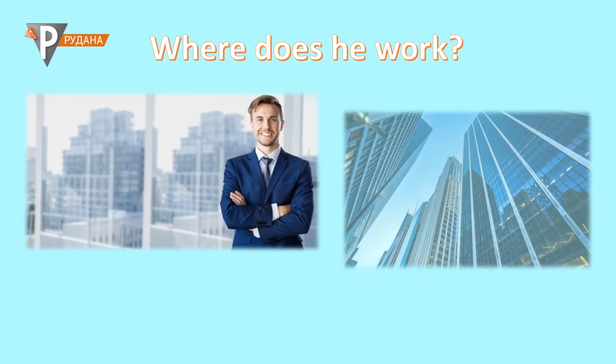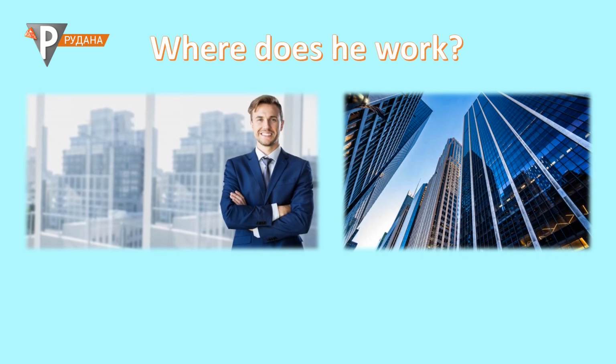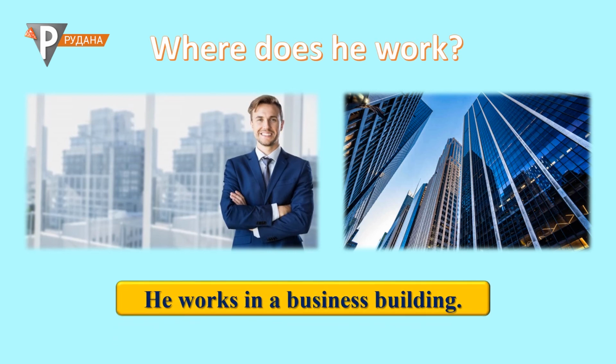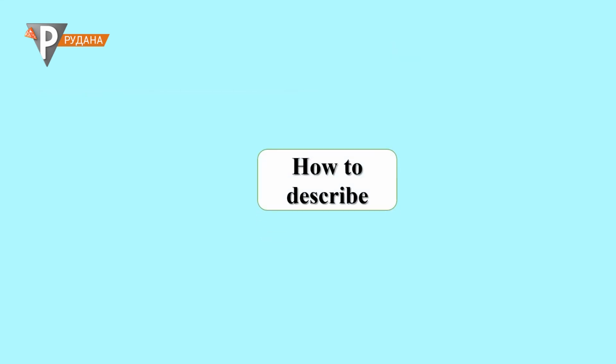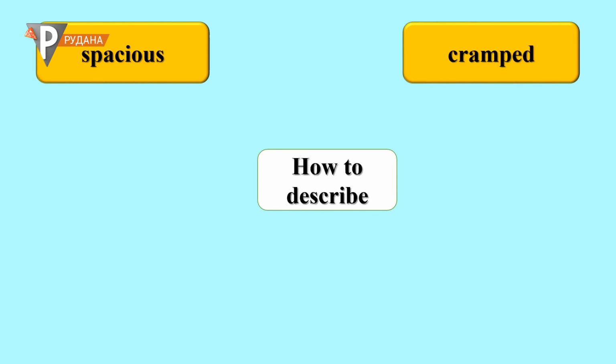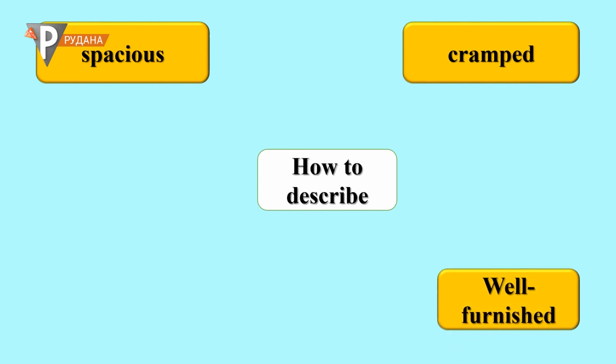He works in a business building. Now how to describe? We use different words to describe buildings. We can say spacious, cramped, well furnished, or renovated. Now you look attentively.